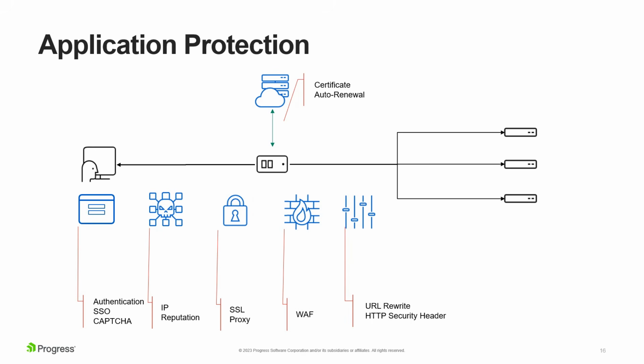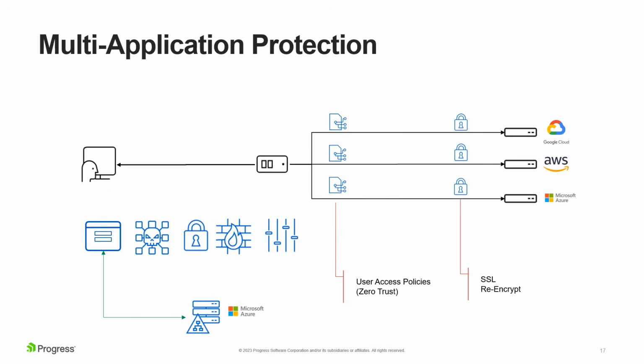And just to expand that a bit, multi-application protection. Again, you have different applications on different clouds or even on-premise here. And at the front, you can have your authentication. It could be using an IDP such as Azure Active Directory, for example.